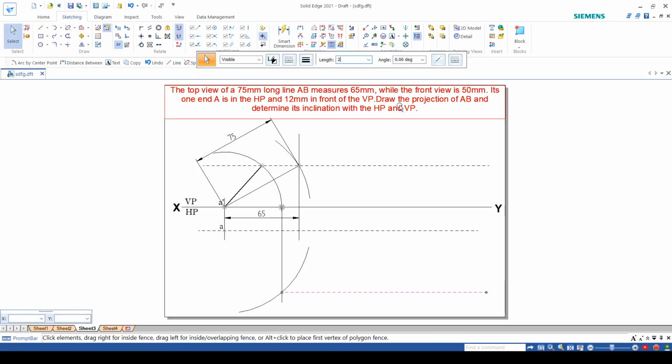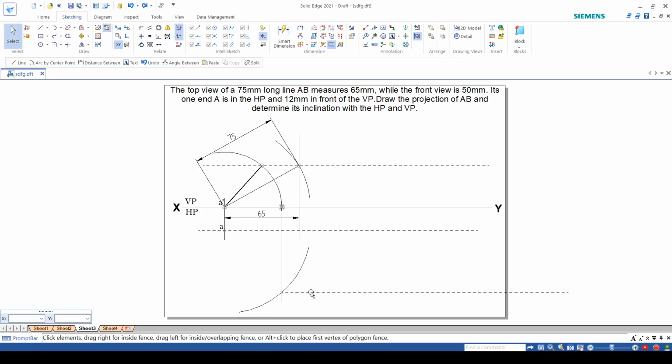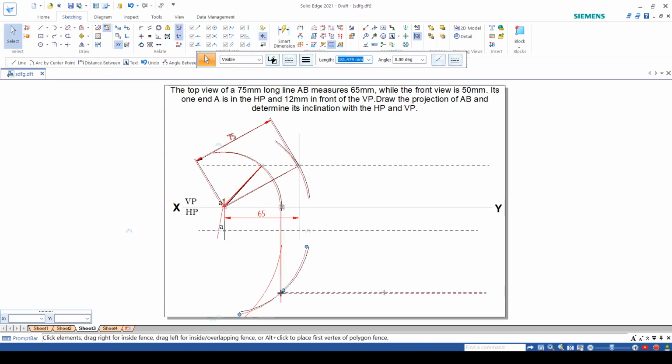Its length is 65 only. Now I will try to draw the line again.